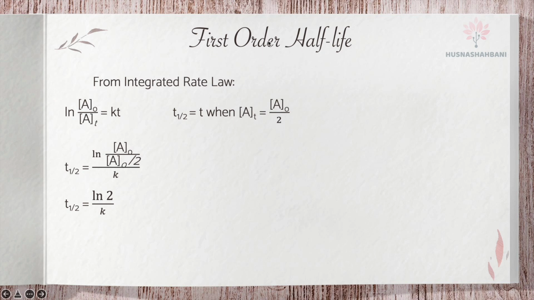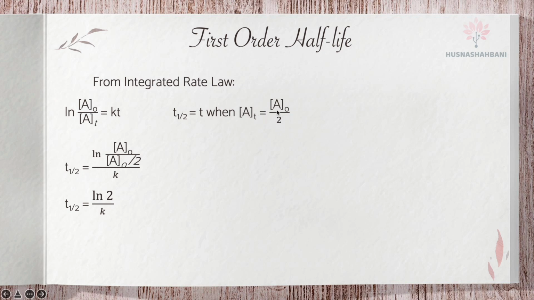We want to find the half-life, so this t must be t half. t half is when [A]t equals [A]0 over 2, meaning the concentration of reactant A equals half of the initial concentration. That is [A]t for half-life.